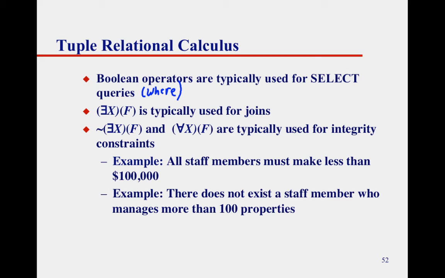For integrity constraints, you're typically using either there does not exist X or for all X. And these are the same. Why? For those of you more mathematically inclined, those two are comparable. Anyone remember why from 311?